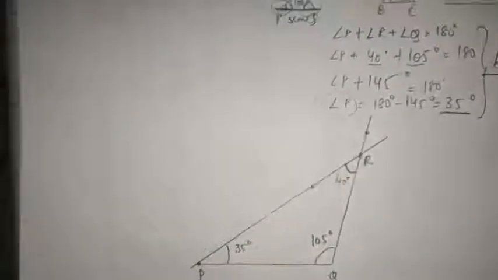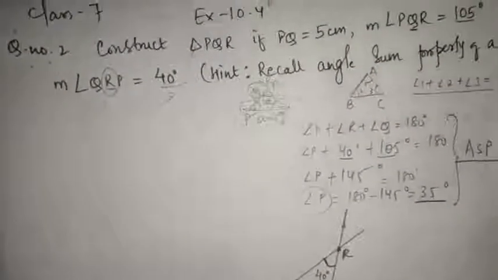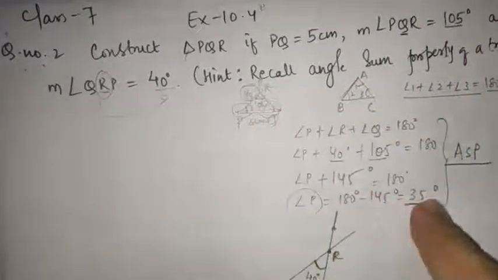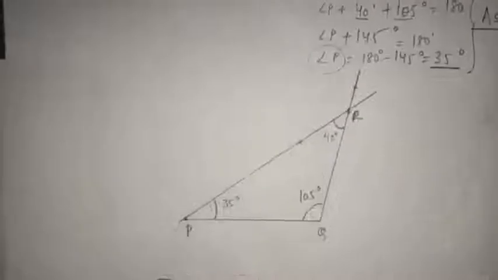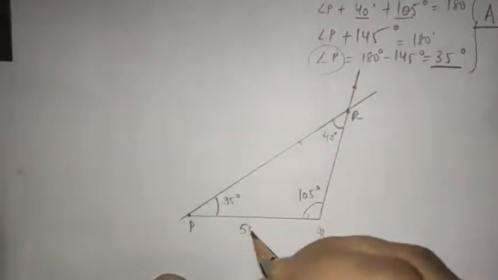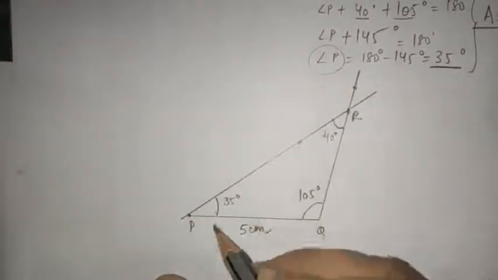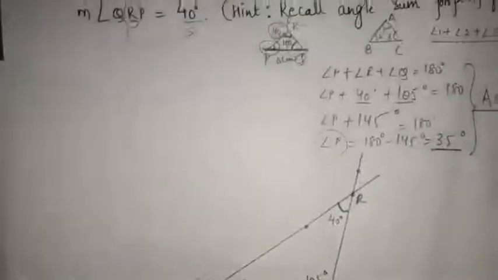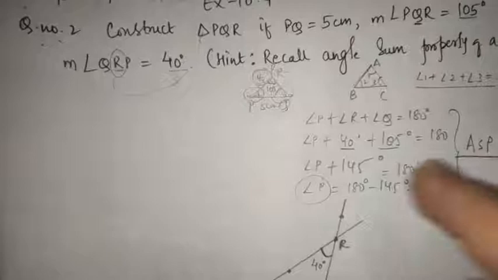So using the angle sum property concept, we got the angle P value, and the side was 5 centimeter. So by using such an idea, we are now able to solve such problems also, right?